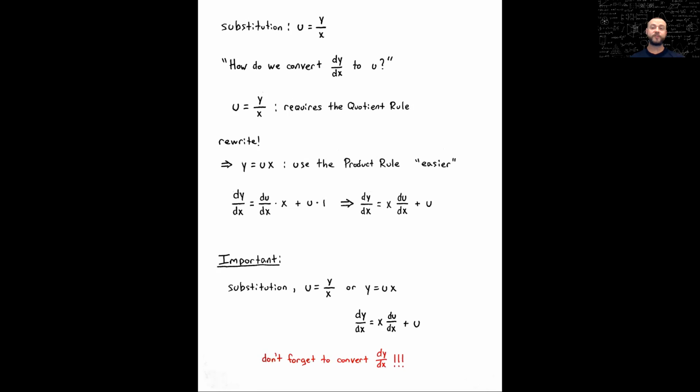And that is something that's often overlooked, and students might forget it, to convert dy over dx to this as well in terms of u. So just keep that in mind. We have to use both of these substitutions. The derivative one, that's just a consequence of y equals u times x. Both of those are required for converting from a non-separable equation into one that is separable.